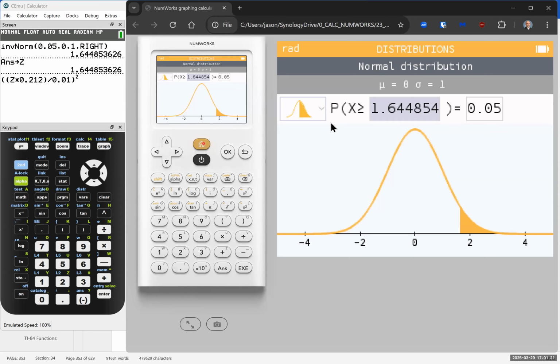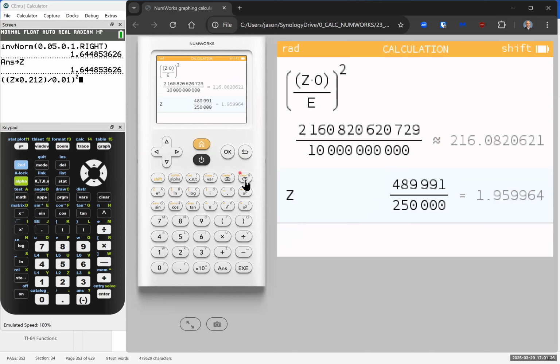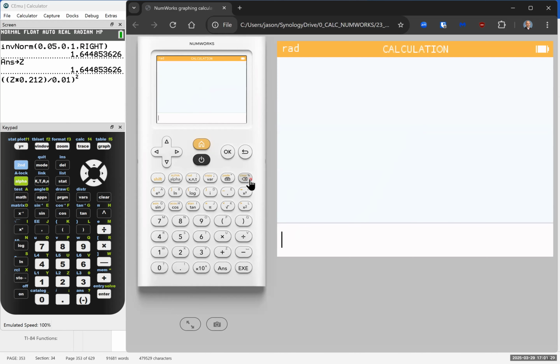Okay, and I leave that up so I can use these values here on the NumWorks calculator. So I need to go to the home button, go up to calculation. Let me clear that just to reduce confusion there. And I need parentheses, parentheses. Okay, and then I'm going to use my z-score that I stored in variable z. So shift alpha plus, that'll give me a z times 0.212, parentheses divided by the error, which was 0.01.